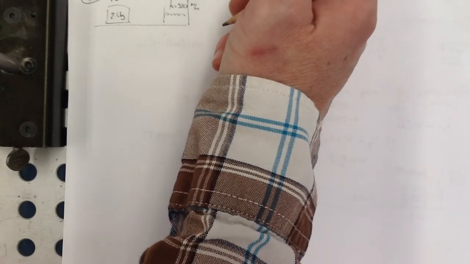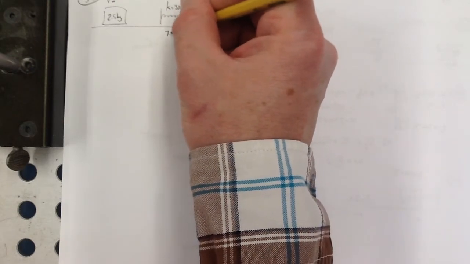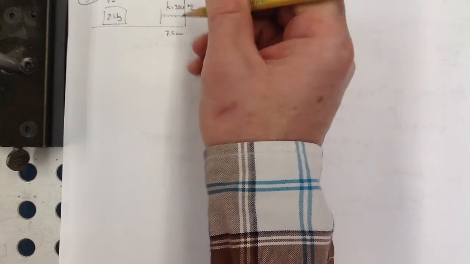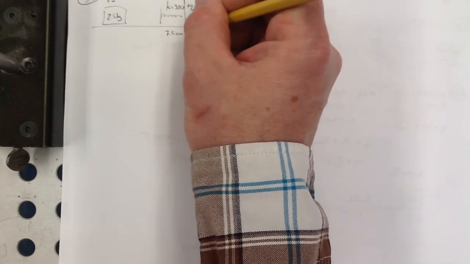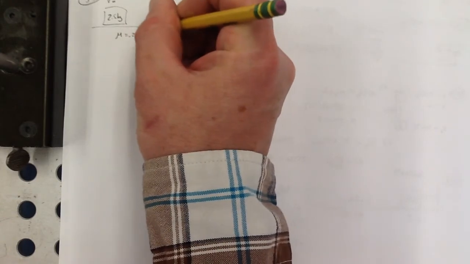When the block stops, it has compressed the spring by 7.5 centimeters. That's that compression we're going to use in the 1/2 kx squared. Coefficient of kinetic friction. Boy, this is a lot like the last one, isn't it? All right.